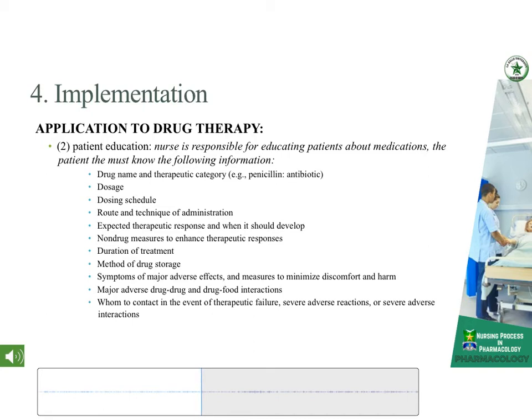So, the patient should also know, okay, what to do if ma-miss ang isa ka dose. Okay? With certain oral contraceptives, kanang mga OCP, mga pills, okay? Oral contraceptive pills, for example, kung naay ma-miss nga dose, okay, the omitted dose should be taken together with the next dose.